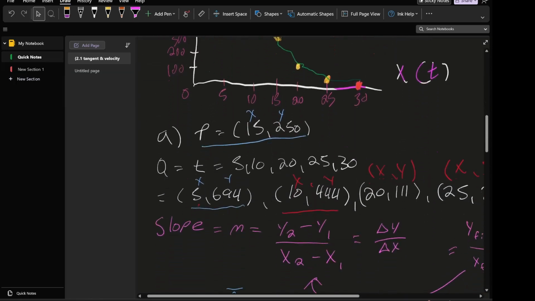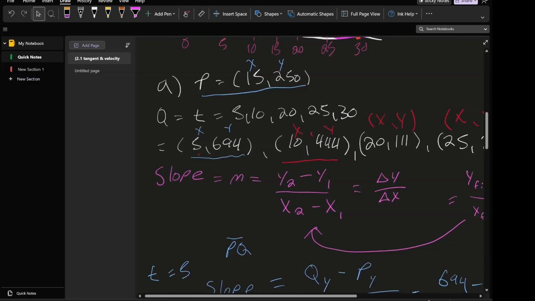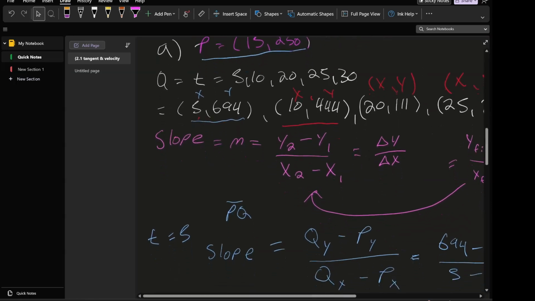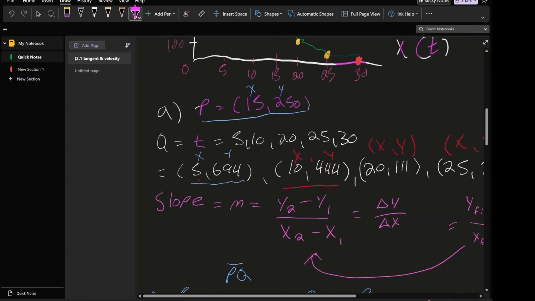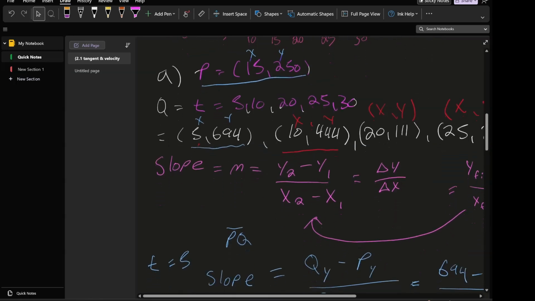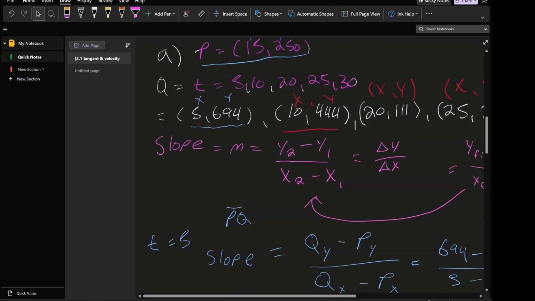So you have your initial point P, which is this ordered pair, 15 minutes, 250 gallons. And then Q will be varying over the different times, 5 to 30, leaving out 15, and the initial time 0. So you can look at all these as x, y ordered pairs too.